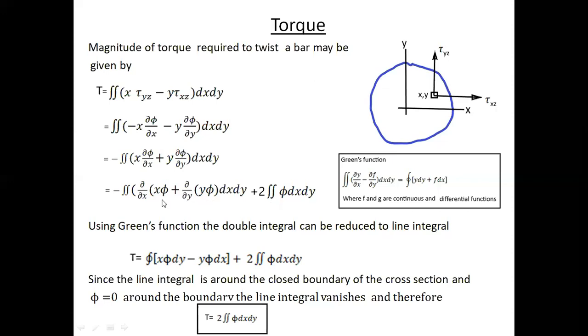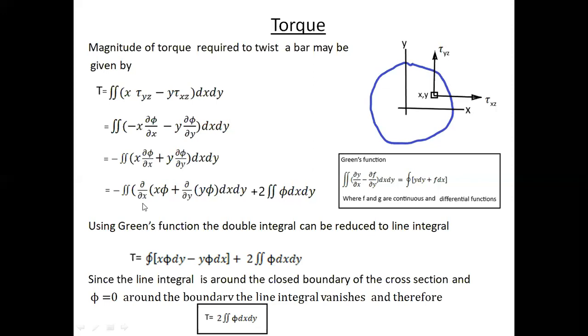We are simply writing del by del x of x phi, plus del by del y of y phi. So we'll have two more components, and that will add up and give you two double integral phi dx dy. It's not difficult. If you sit down and do it, you'll get it.